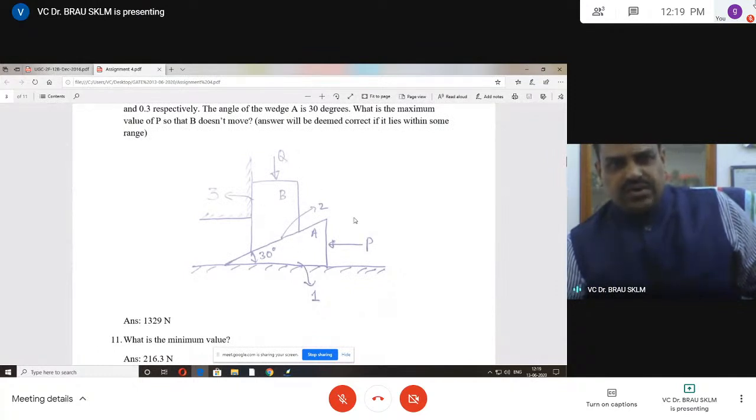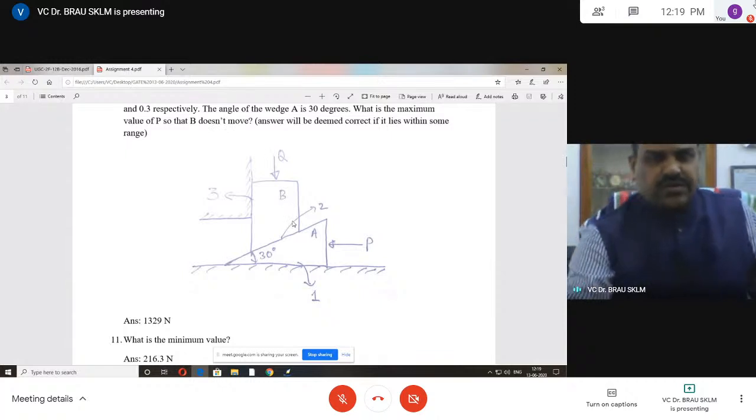This is known and this is unknown. The weights and gravity forces are neglected compared with the external forces P and Q. This is 30 degrees. What is the maximum value of P so that B does not move? That is the problem we will try to solve.